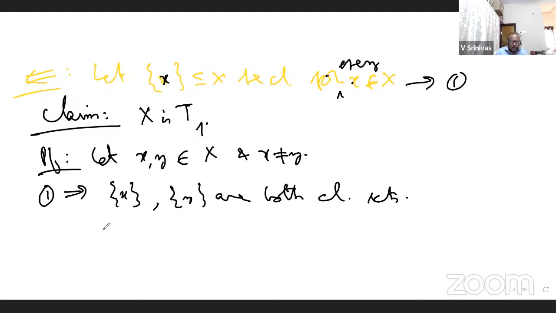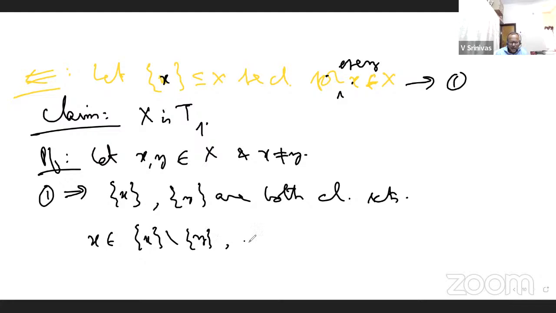Now, small x belongs to singleton x minus singleton y.